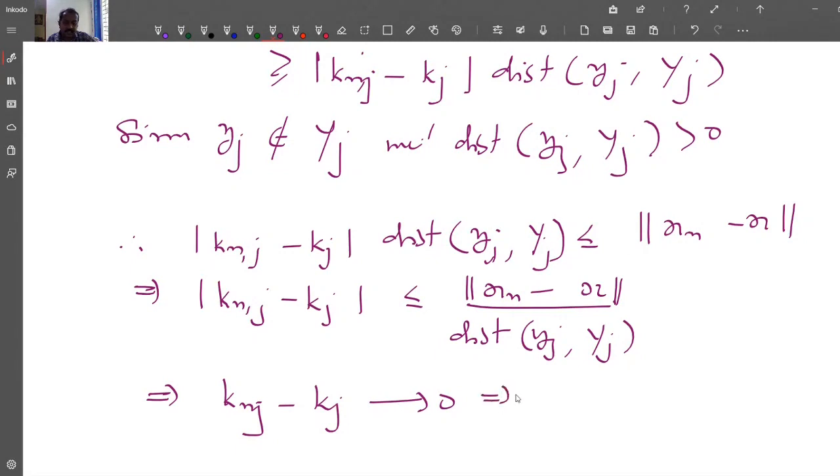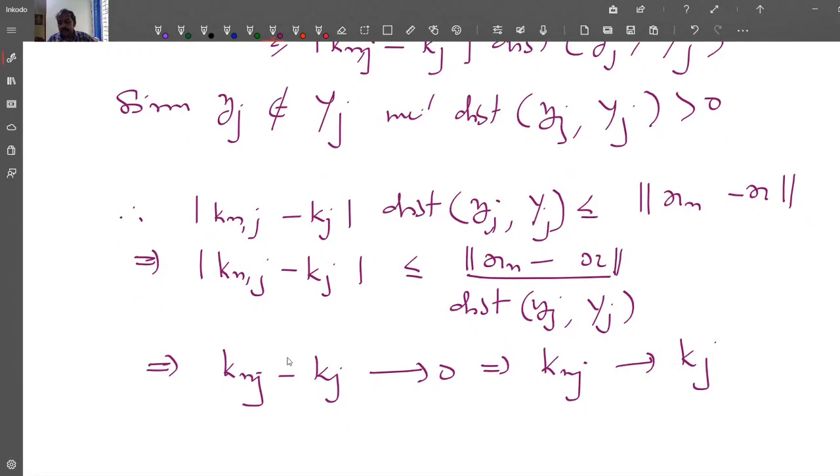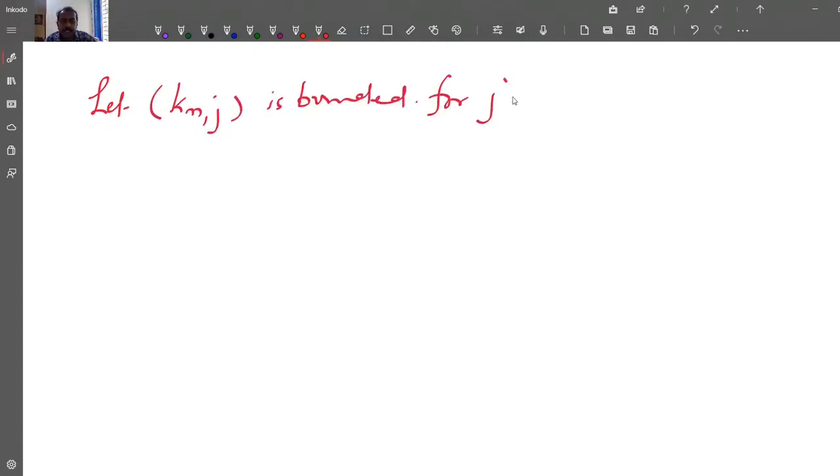So this implies knj converges to kj as n tends to infinity for j equal to 1, 2, etc. m. Finally, we prove that knj is bounded if and only if xn is bounded. Now, let knj be bounded for j equal to 1, 2, etc. m.